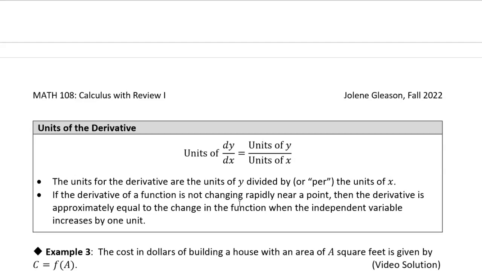But that's if our derivative is not changing rapidly. It's a good approximation that if we continue to drive at 65 miles per hour, our change in distance would be 65 miles for a change of 1 hour.